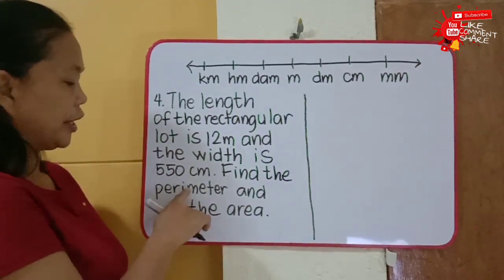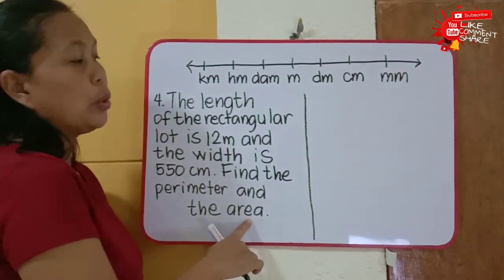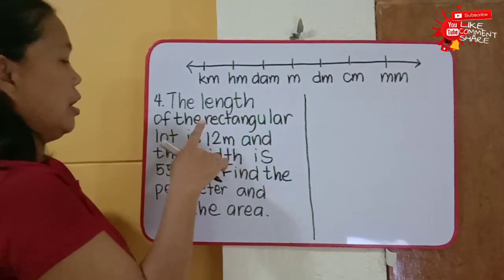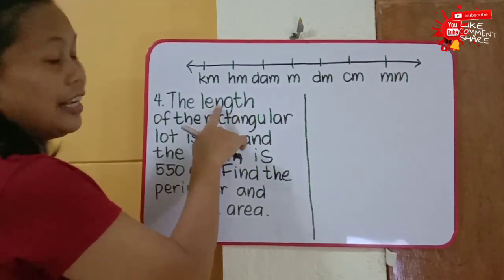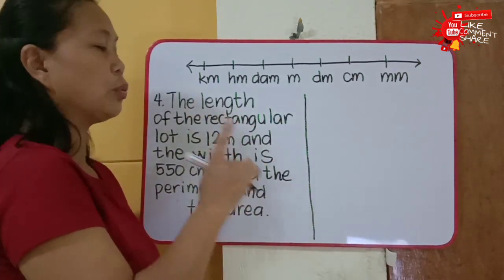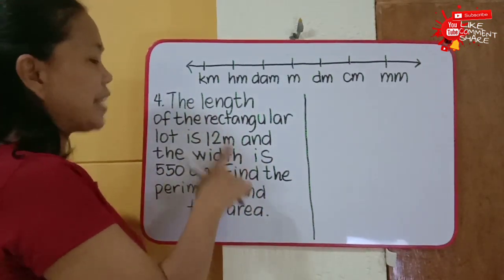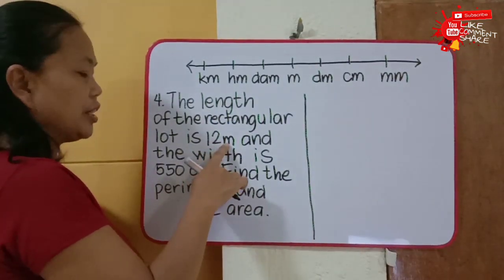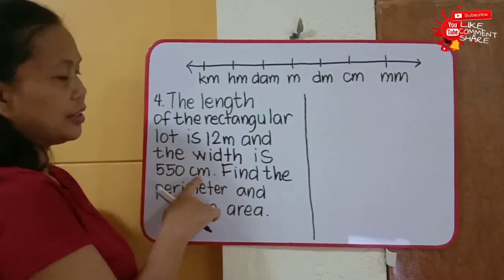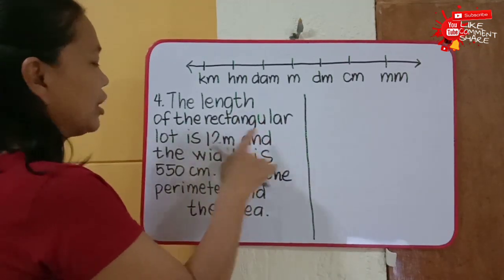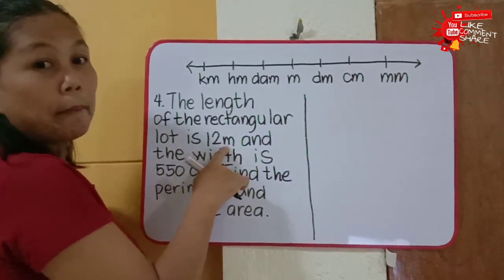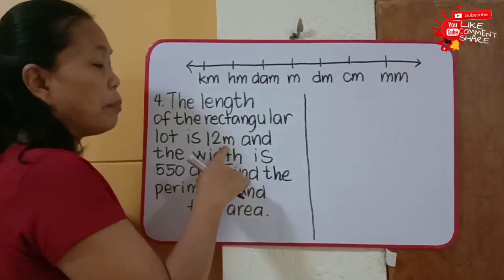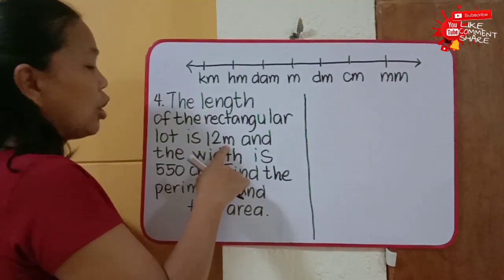Before we compute for the perimeter and the area, we must have the same unit for the width and the length. So we may use meters or centimeters. Since we are talking about a lot, let us use meters, because meter is the most appropriate unit of measure for the length of the lot.